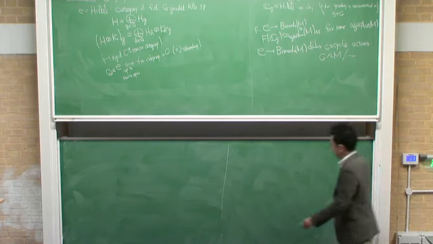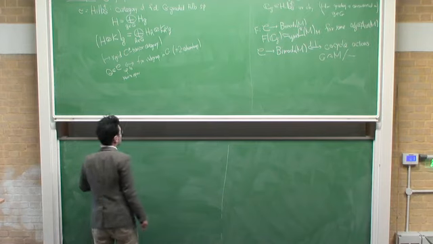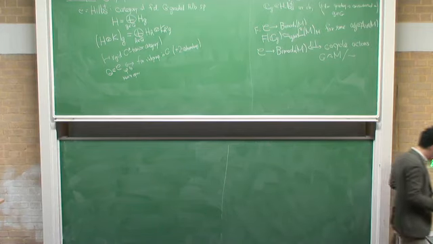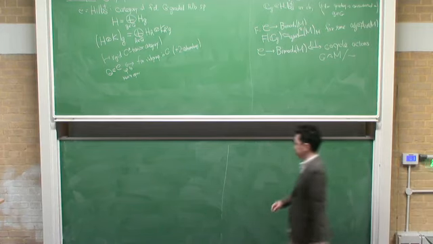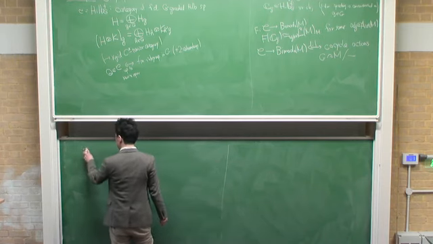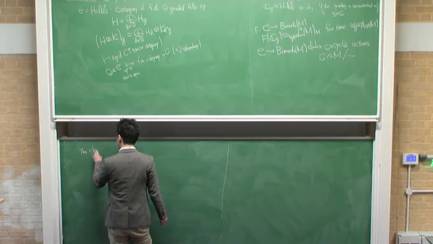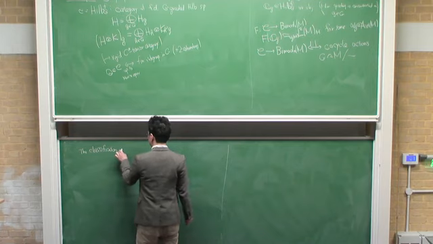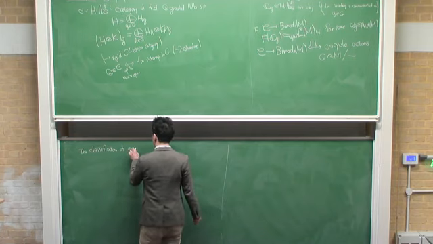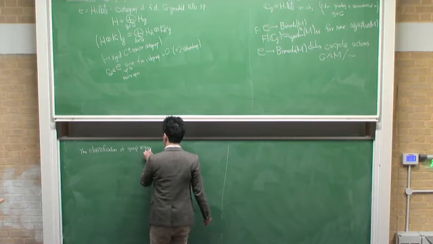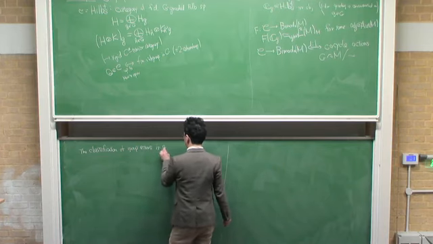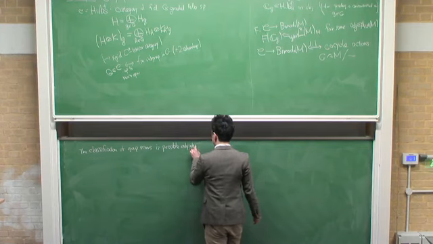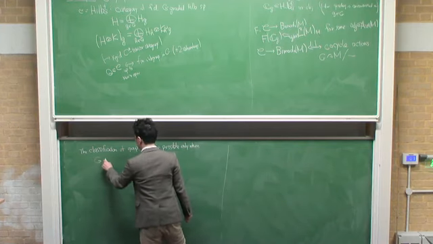So actually, the classification problem is possible only when G has a property so-called amenability. So the classification of group actions is only possible only when G is amenable.